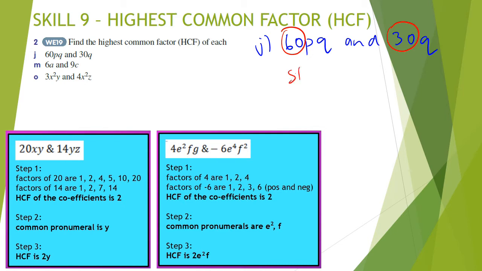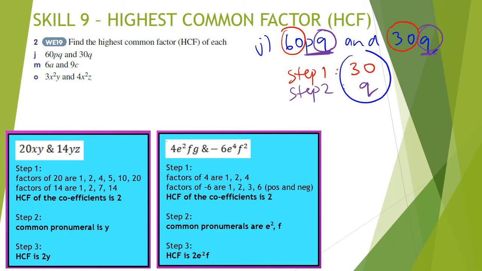The highest common factor for the numbers will be 30. So step 1, the answer is 30. Step 2, we're looking for any common letters, any common pronumerals that appear in both. So here we've got a P and a Q, and here we've just got a Q. So the only common letter is the letter Q. So step 2, our common letter is Q. Step 3, when we go to write our final answer, we just put these two together.